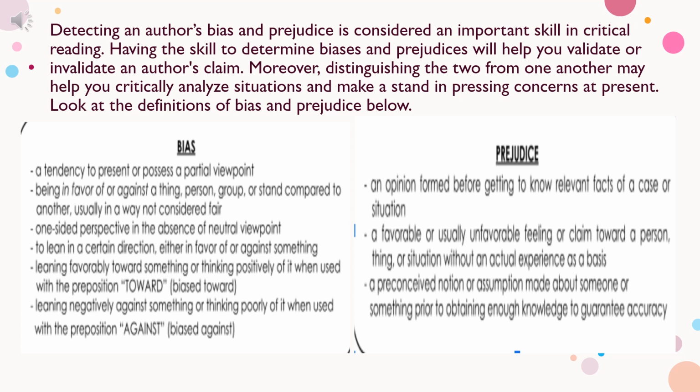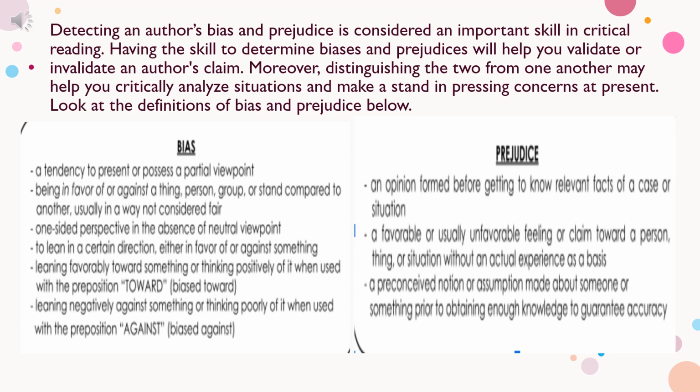Whenever we say bias, it means to lean in a certain direction, either in favor of or against something. Next, leaning favorably towards something or thinking positively of it is used with the preposition toward: biased toward. Then leaning negatively against something or thinking poorly of it is used with the preposition against: biased against. So having these definitions and examples of what being biased is, by now you know what bias is.